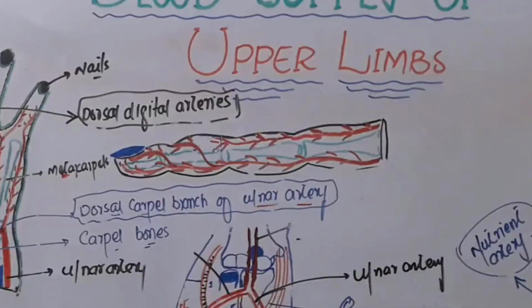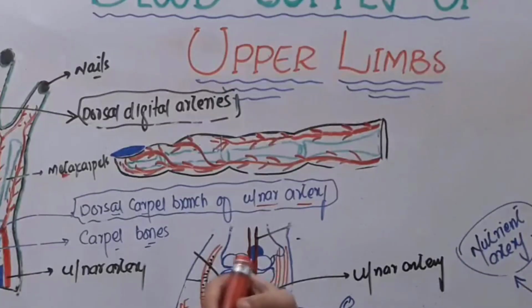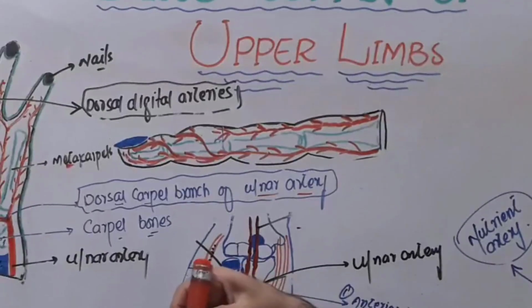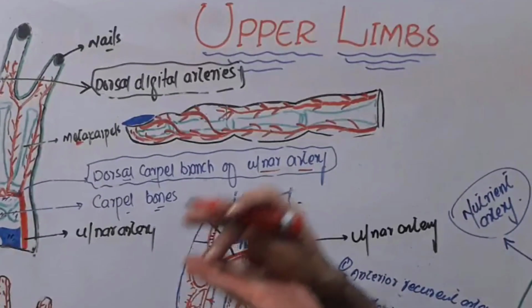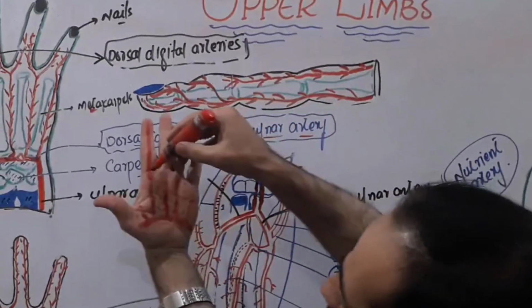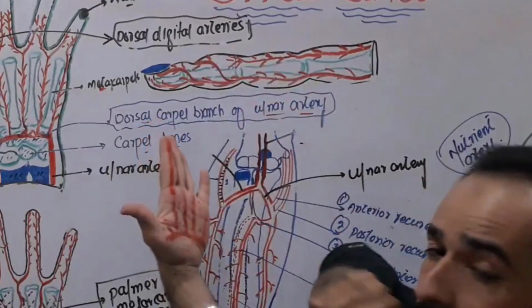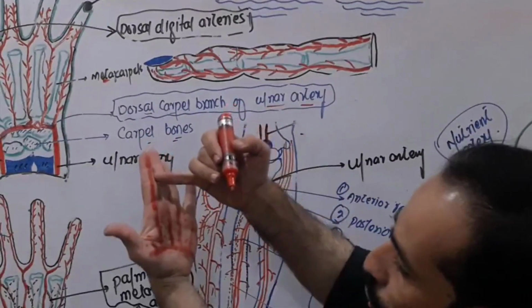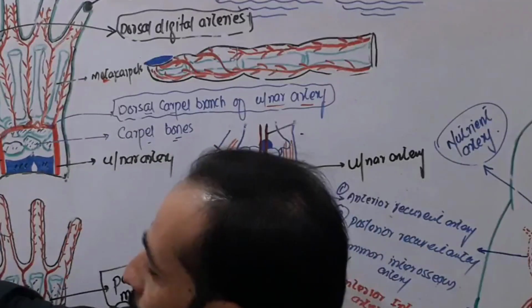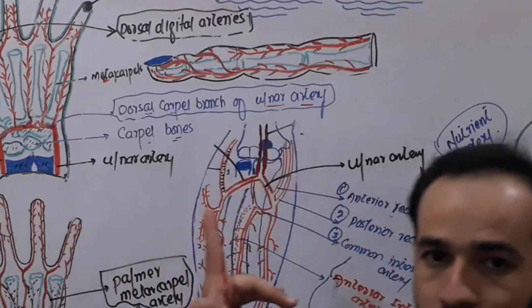Look friends, it's a little bit confusing, but I'm going to clear it. Look, this artery is in the palmar surface of the hand, right? This is in the palmar surface of the finger. So this artery should be called the proper palmar digital artery, isn't it?